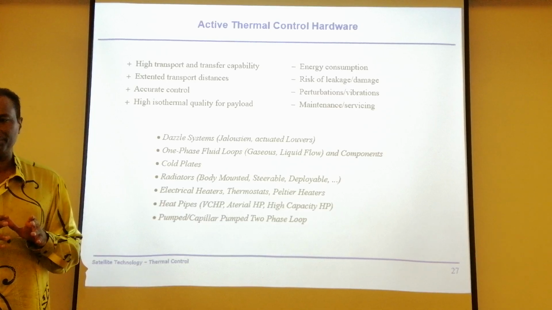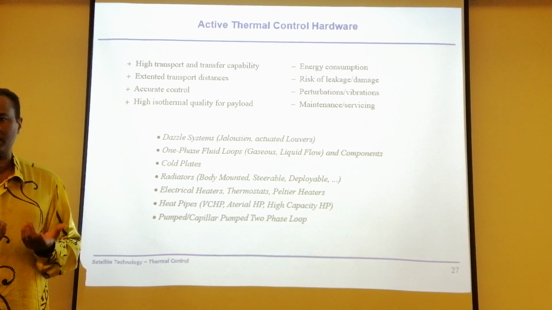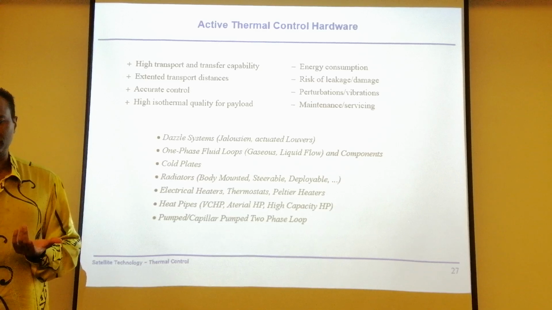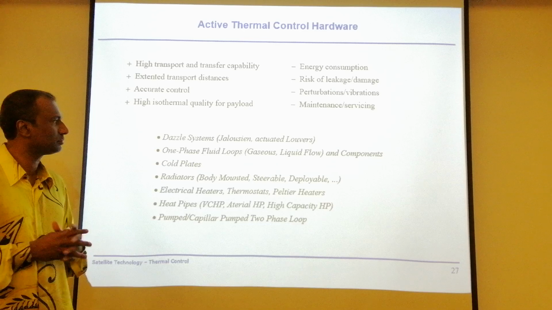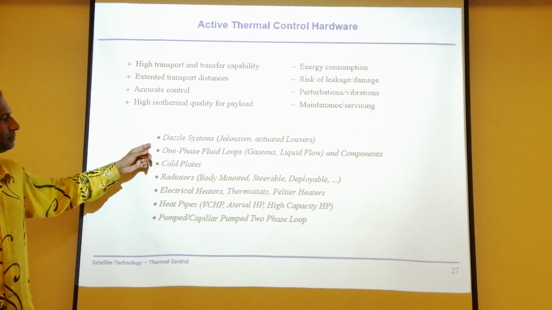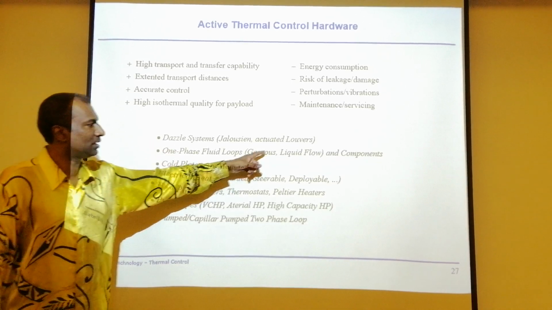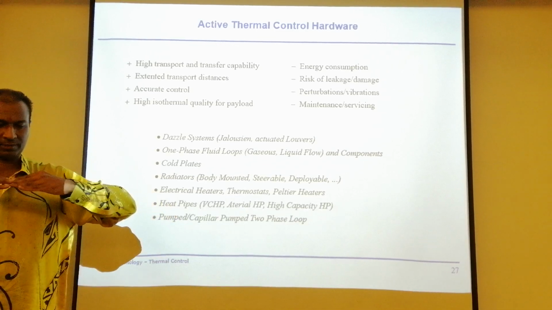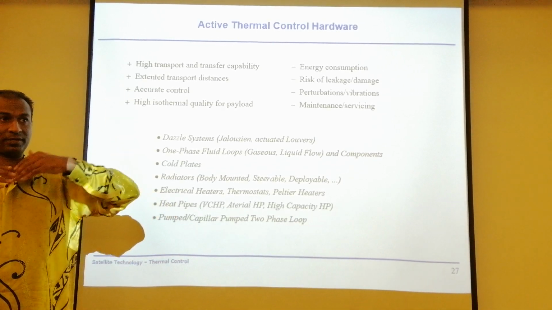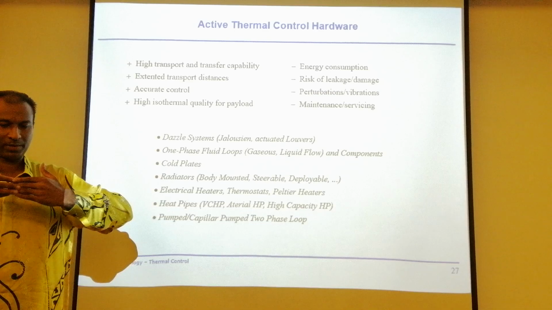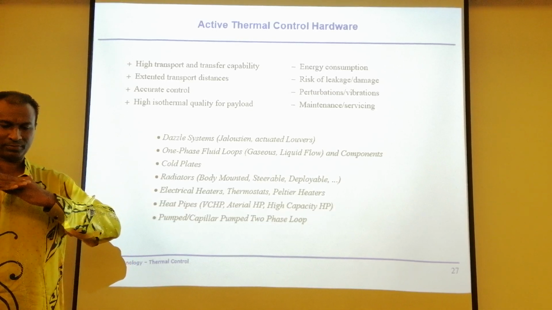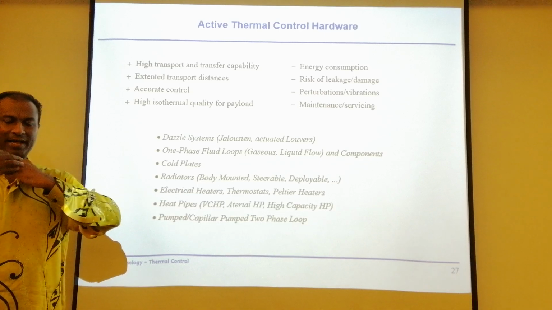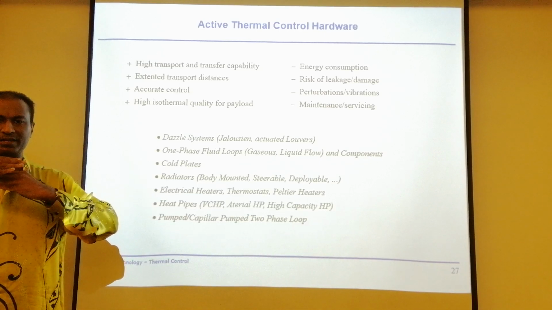Let me put it clearly: huge spacecraft, that means habited spacecraft, where humans live in capsules and space stations. Yes, this is one of those things that we do. Dazzle system. This is just like louvers, like old windows. When you open up, you have a higher surface or contact area outside.